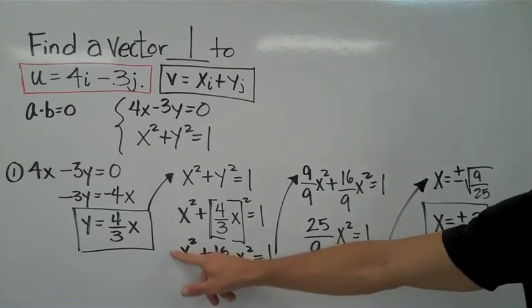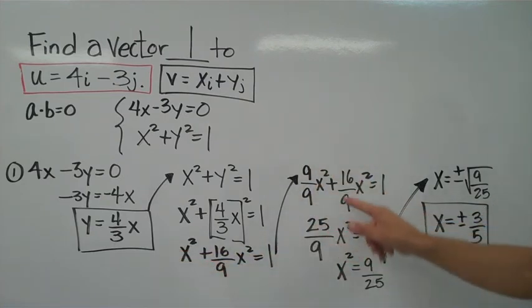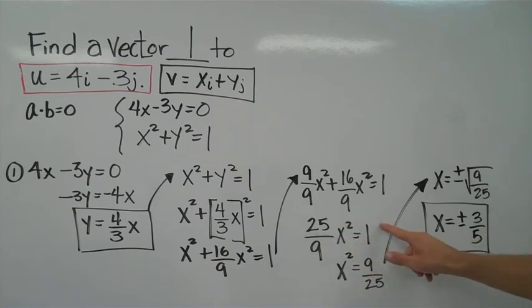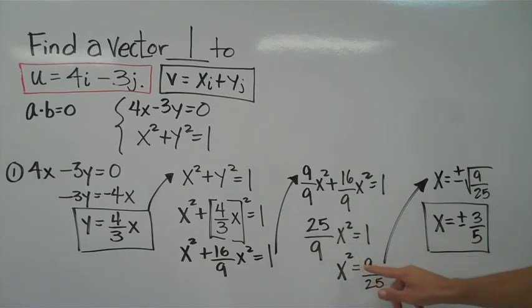And we can convert 1x squared to 9 over 9x squared, plus the 16 over 9 gives us 25 over 9x squared equals 1. Multiply both sides by the reciprocal, we get x squared equals 9 over 25. And then I take the square root of both sides, I get plus or minus the square root of 9 over 25, which is plus or minus 3 over 5.